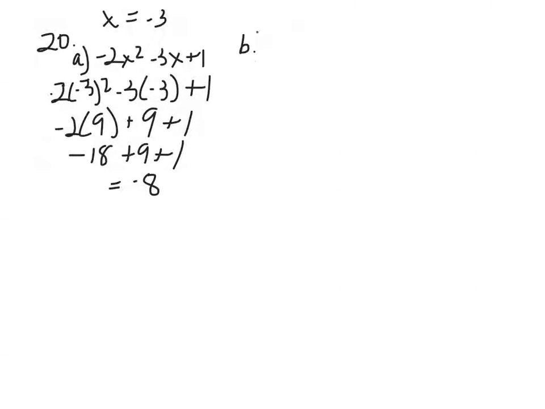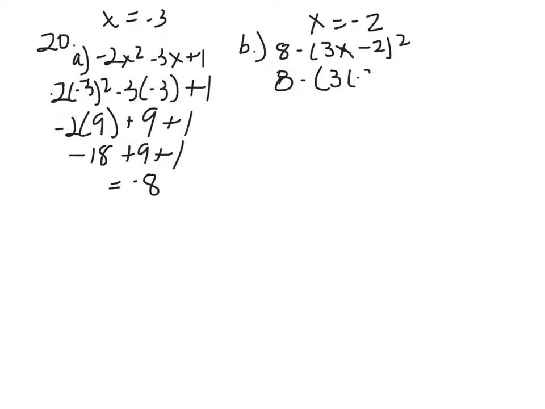B says let's make x negative 2. And it says 8 minus 3x minus 2 squared. So, to plug in our negative 2, we have 8, it would look like that.